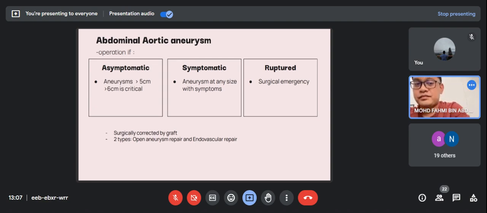So doing surgery is more harmful. But when the rate of rupture is higher than the rate of mortality at intervention, that's why we offer it to the patient. Okay, understand? We are not talking about asymptomatic of any size.